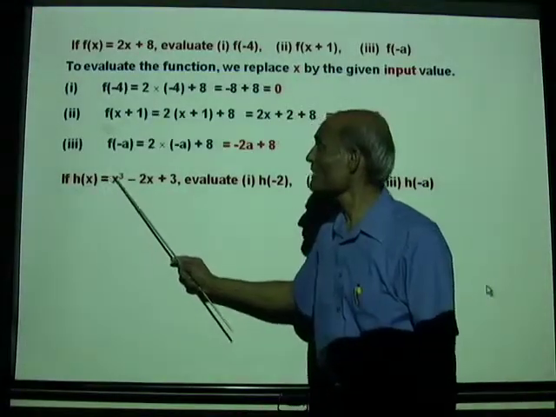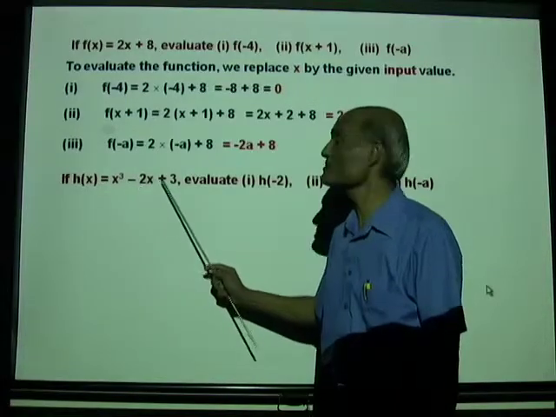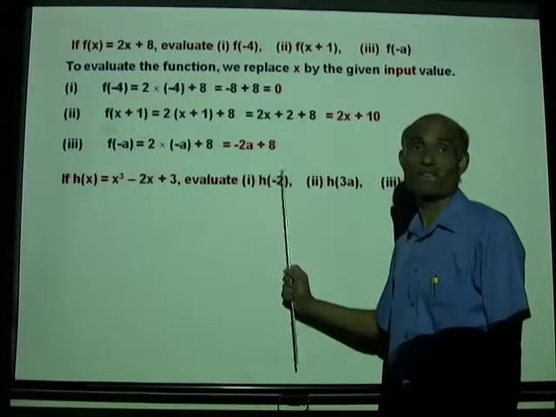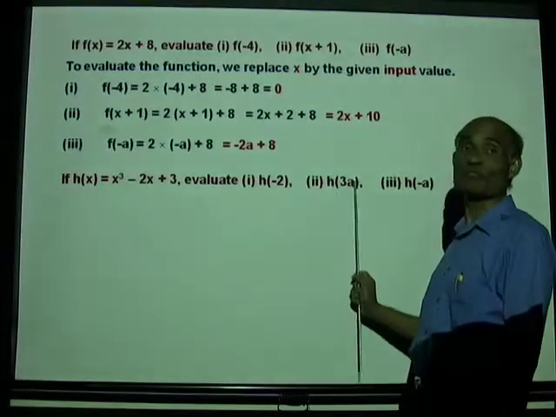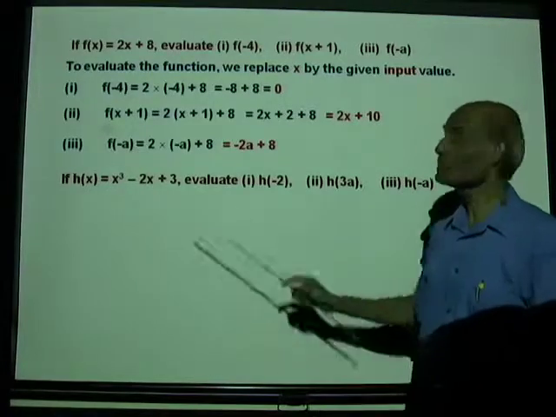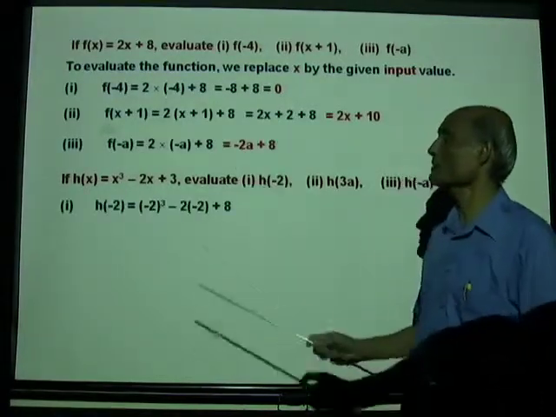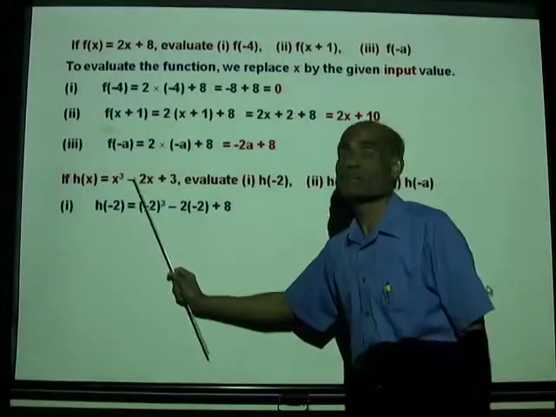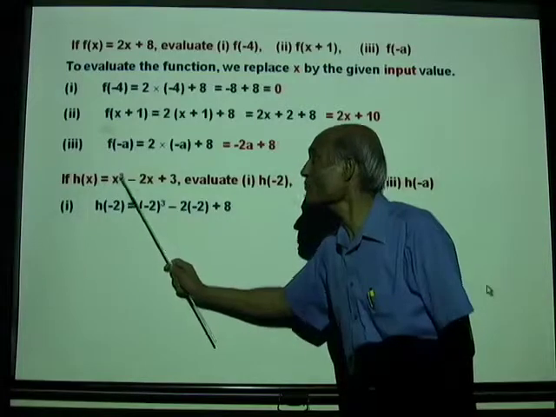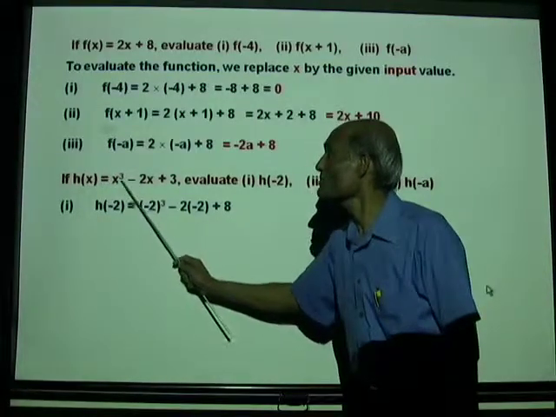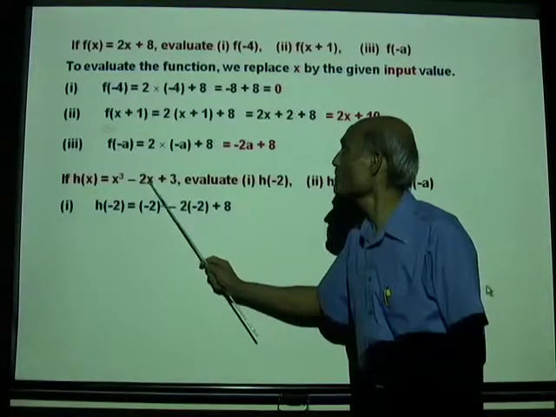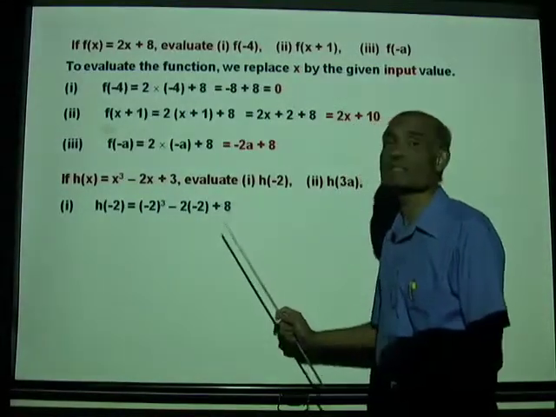So if h of x equal to x cubed minus 2x plus 3, find the value of h of negative 2, h of 3a, and h of negative a, which is not very different from what we did already. What we need to do is h of negative 2, replace your input x by negative 2. That gives you negative 2 to the power of 3 minus 2 multiplied by negative 2 plus 8.